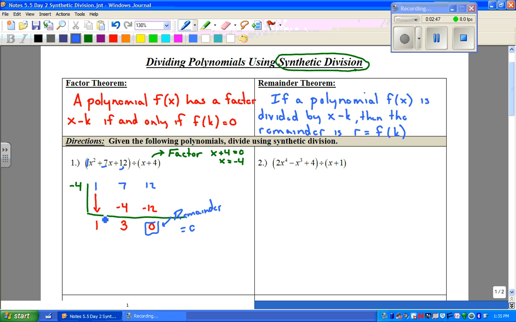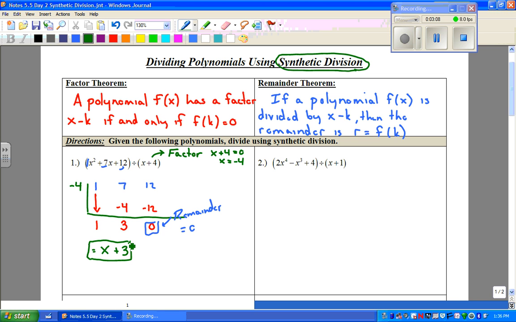You write the result as x plus 3, and you don't have any remainder. So when you divide x squared plus 7x plus 12 by x plus 4, you come out with an answer of x plus 3.